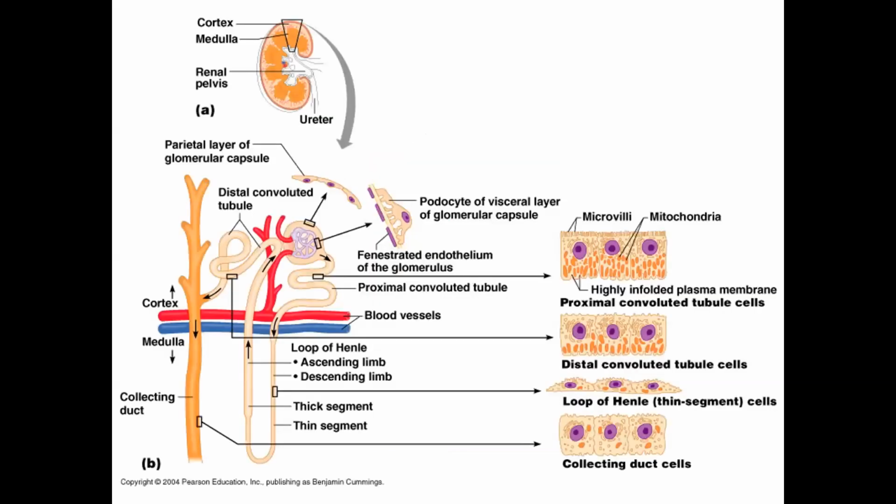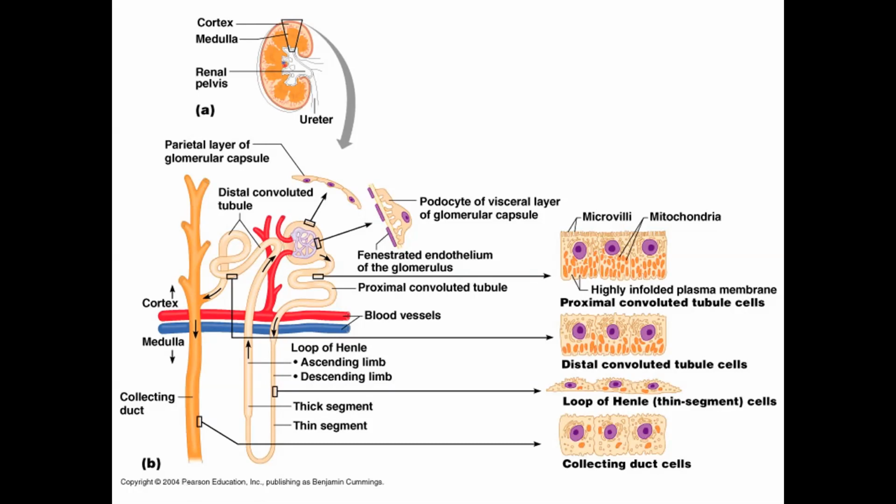Okay, so the cellular details for each part of the nephron. Of course we know the glomerulus is lined with simple squamous epithelial cells, and we also talked about the visceral layer of Bowman's capsule being made by podocytes. If you remember, the podocytes have extended pseudo arms, kind of like intercalated fingers, to form the filtration slits.